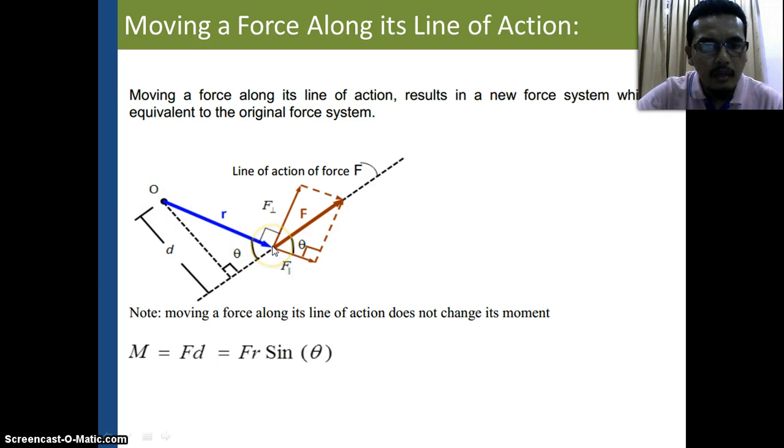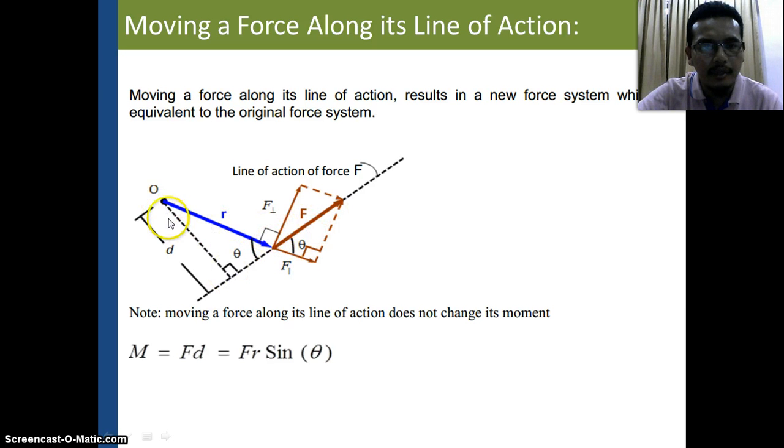Okay, so now how do I get the moment of this force rotating about point O? It is actually force multiplied by a distance, but we have only the data R, so we have the F. So how do you relate them? We cannot simply multiply F and R, because F is not perpendicular to this R. So we need to find the perpendicular distance to the line of action.